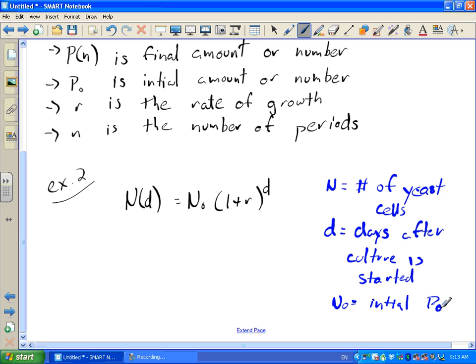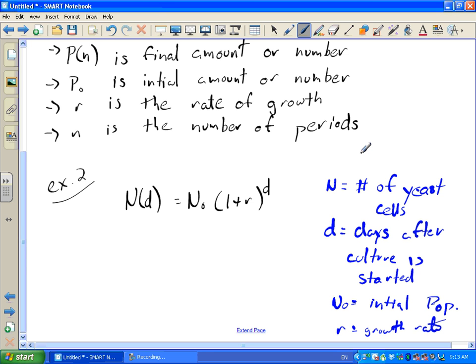Initial population, we'll call it. Oh, sorry, and R is growth rate, which we already know. How many cells will there be in 1 week? That's very important to the question. It's the last line. They almost just throw it in there.